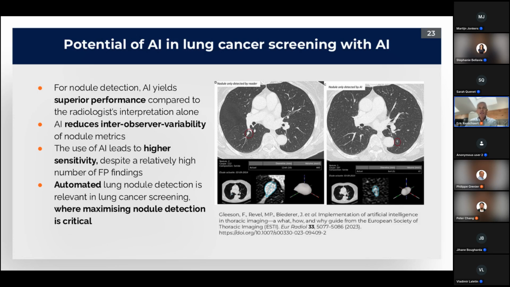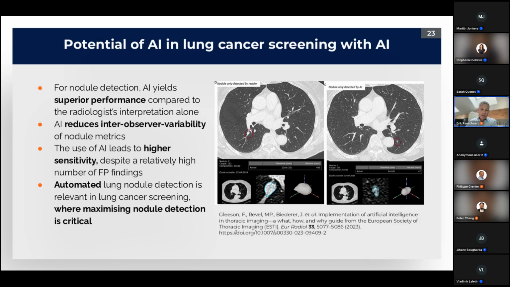For nodule detection, the AI, which is also called computer aided diagnosis or CAD, can be used as a second reader, and it has been shown that this yields superior performance compared to the radiologist alone.